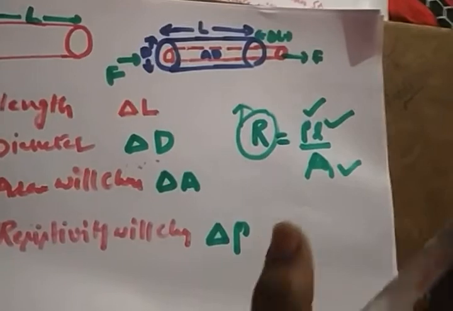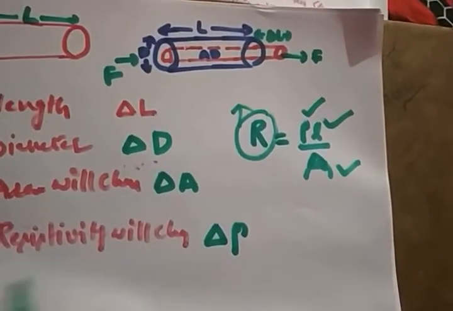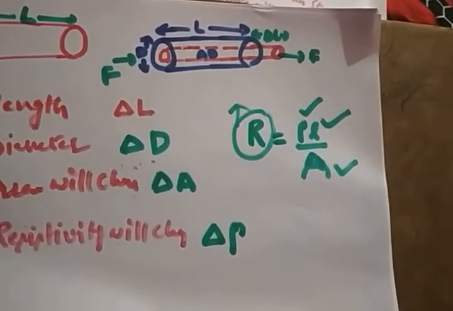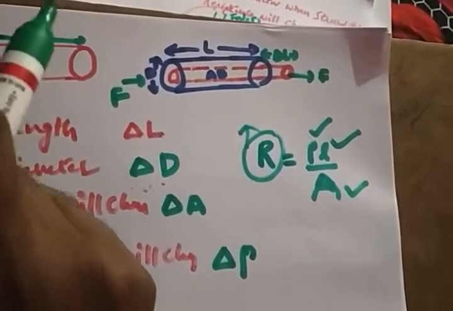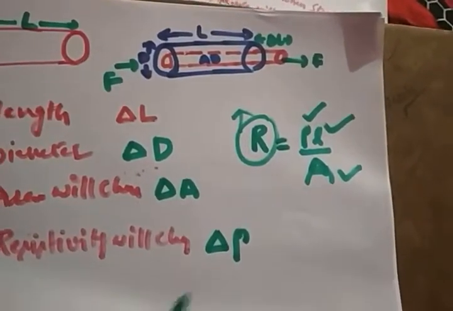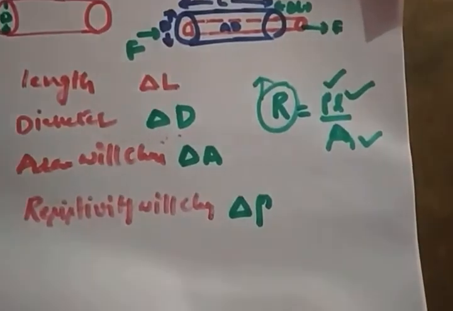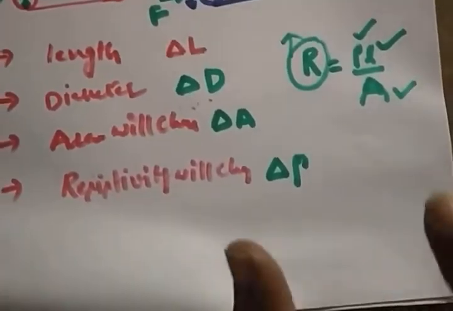How did the voltage come? By the changing resistance. How did the changing resistance come? By applying a strain. So the strain is analogous to the voltage. This is the working principle of a strain gauge. Now we are going to discuss an important term called gauge factor.